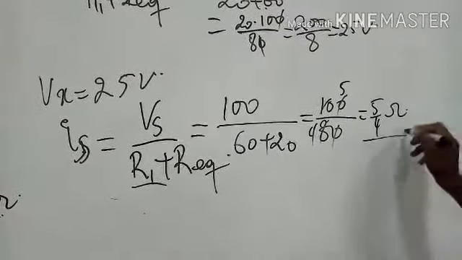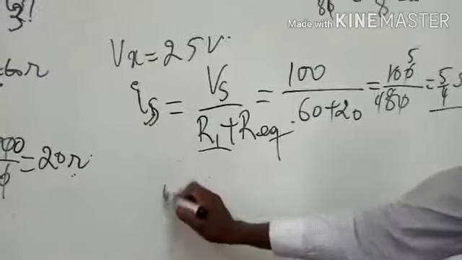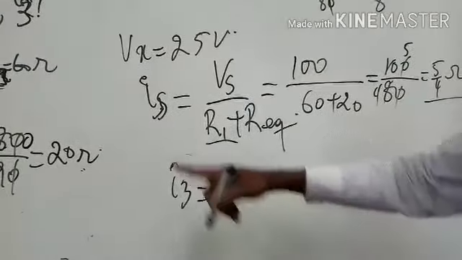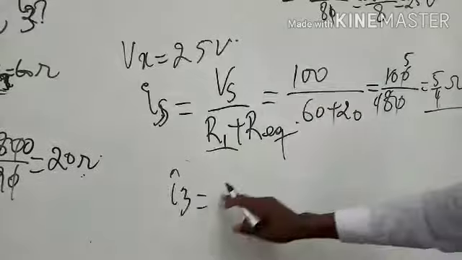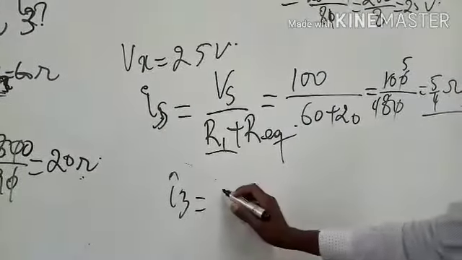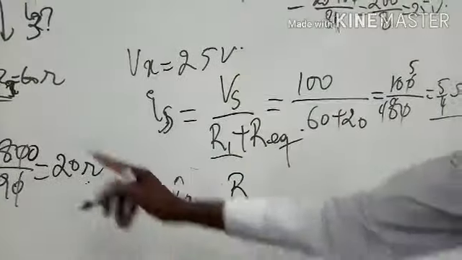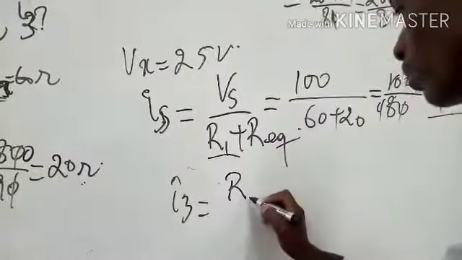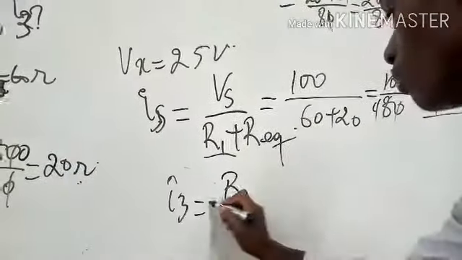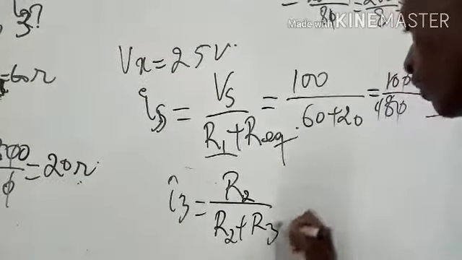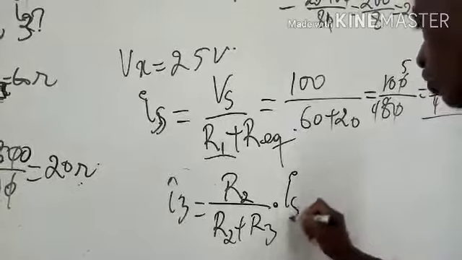This is the current source. And then we are asked to find I3. How will I3 be equal? Using the current divider rule, I3 will be equal to R2 over R2 plus R3 times the current source.